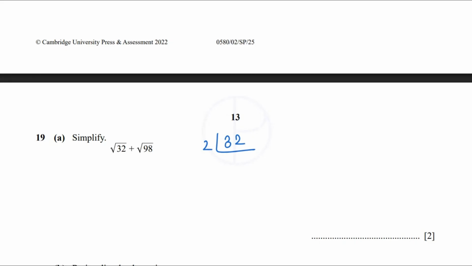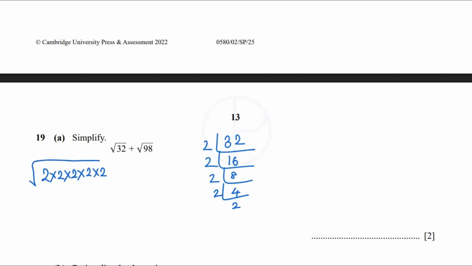Simplify square root of 32 plus square root of 98. 32 can be written as 2 to the power 5, or 2 times 2 times 2 times 2 times 2, plus 98 can be written as 2 times 7 times 7.